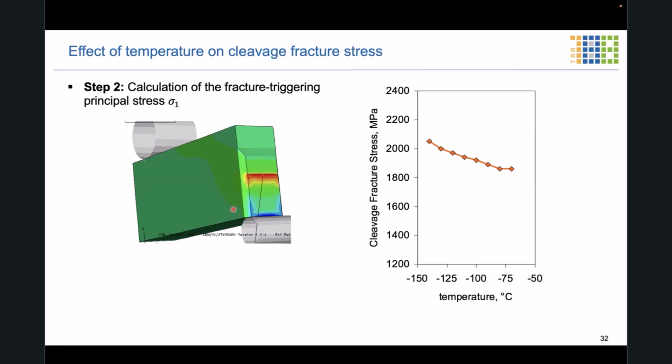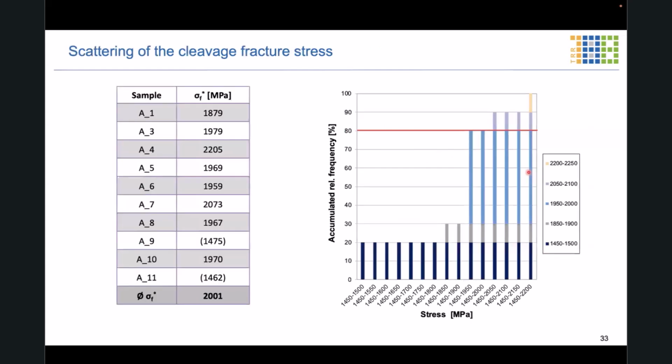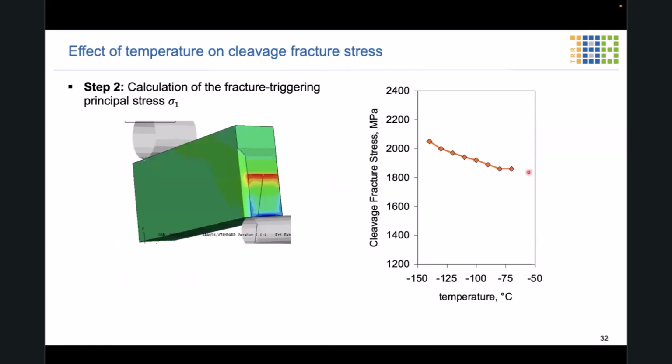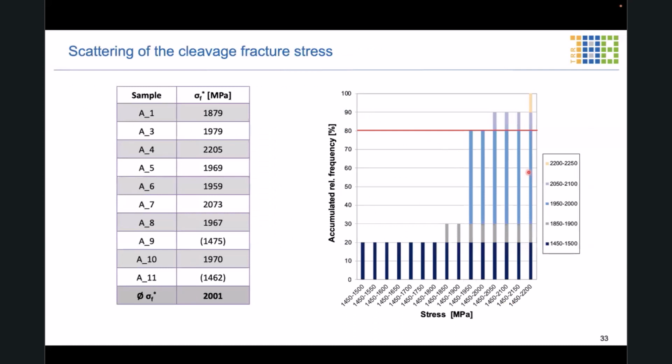And if you do this accordingly, then very often you figure out that this so-called cleavage fracture stress shows a slight temperature dependence as it is indicated over here. Another problem with this is that there is a lot of scatter of the cleavage fracture stress. So if you perform multiple experiments, you will see that the critical stress that you applied on the sample differs a lot.